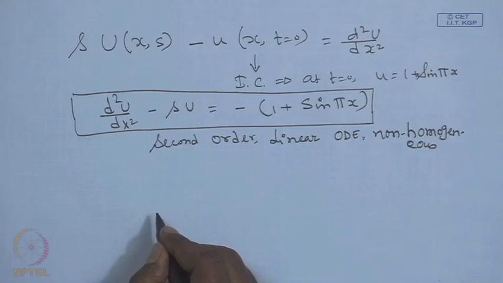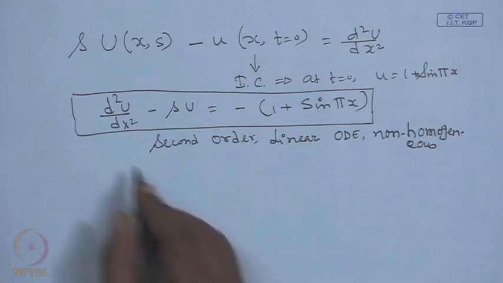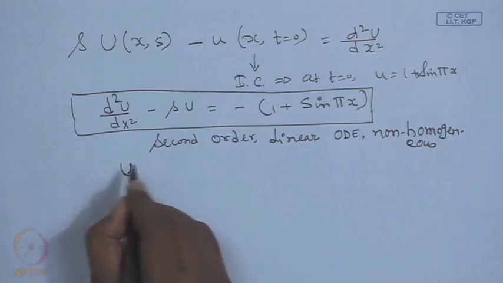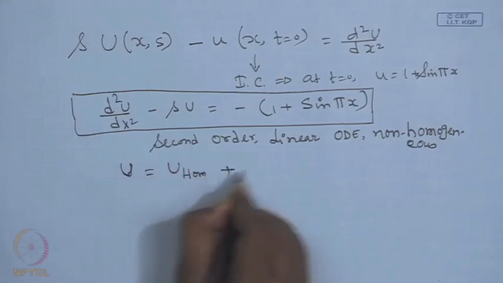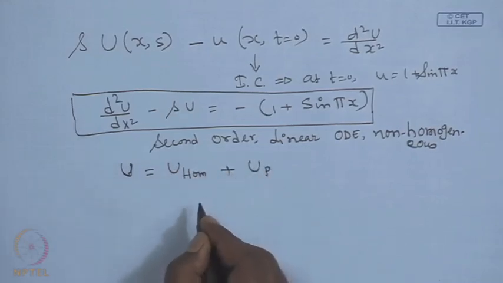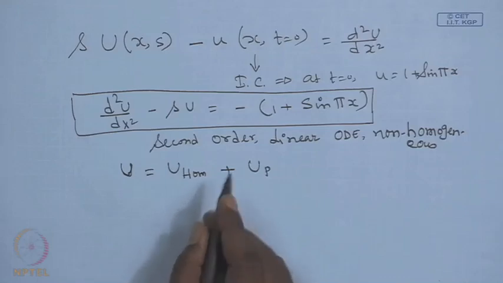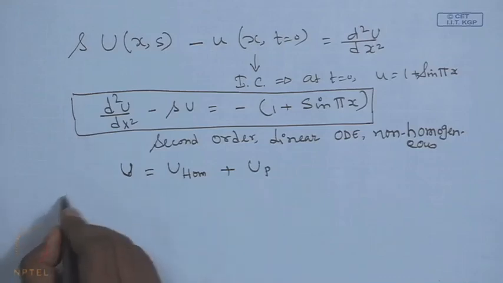Now, if you remember the solution technique of a non homogeneous second order ordinary differential equation, we break down this problem into two sub problems. One is U homogeneous plus U particular integral, particular solution. So, let us solve the homogeneous part.